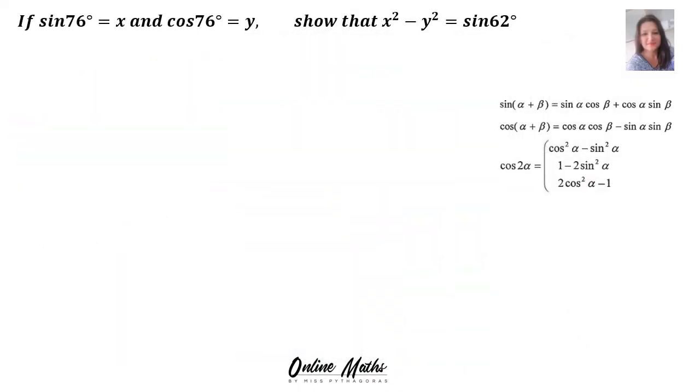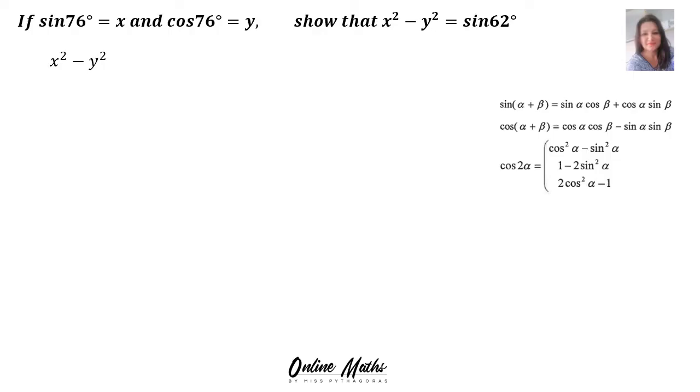If sin 76 degrees is equal to x and cos 76 degrees is equal to y, show that x squared minus y squared is equal to sin 62 degrees. Now, on the right-hand side, there's your double angles. Let's see what's going on here. Let's start with x squared minus y squared.